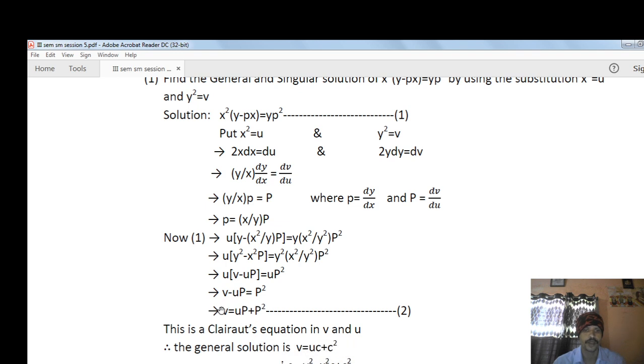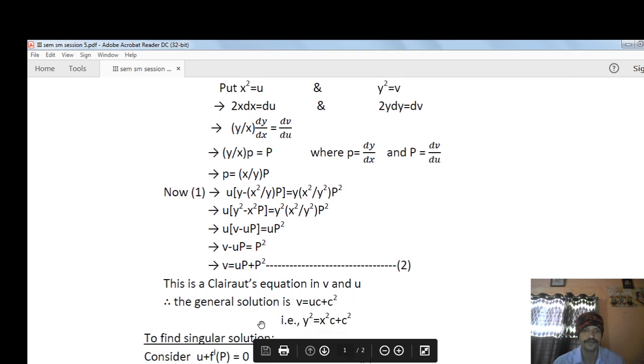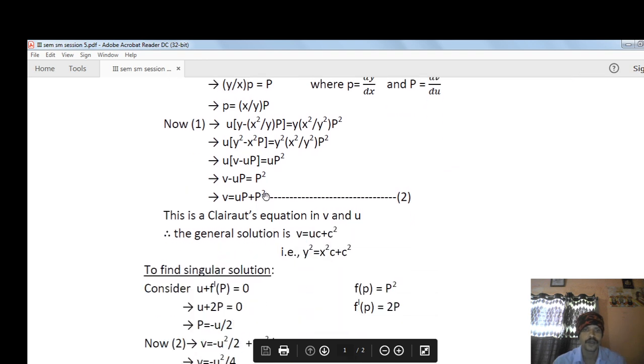And definitely this is the Clairaut's equation in V and U: V is equal to UP plus some function of P. The only difference is, in place of Y we have V, in place of X we have U. Now find the general and singular solution of this equation as in the previous session.